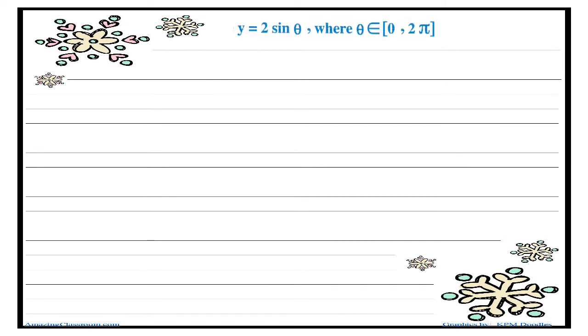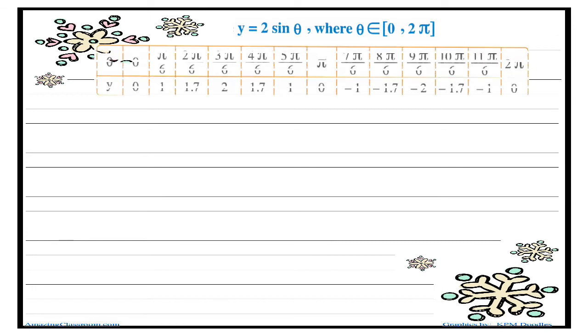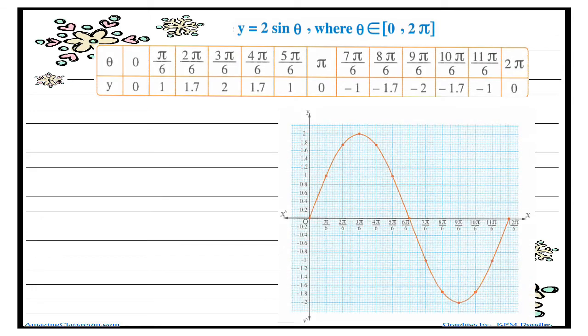So we can represent y equals 2 sine theta like this table, and represent it like this figure, and we can see that the maximum value here equals 2 and the minimum value equals negative 2, because y equals 2 multiplied by the sine function.